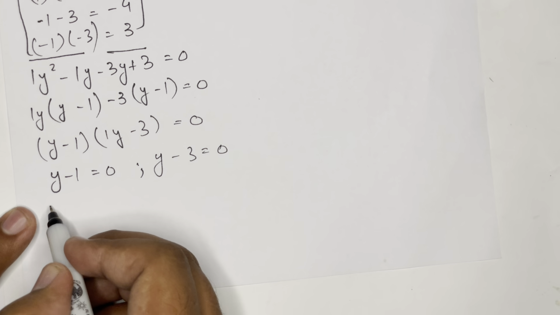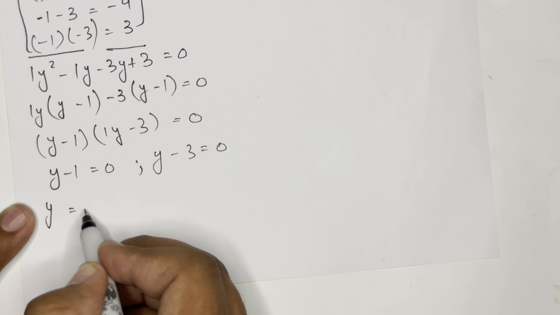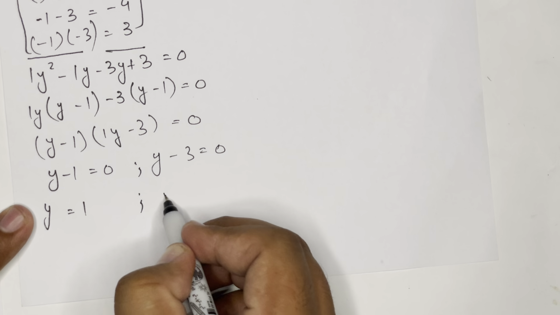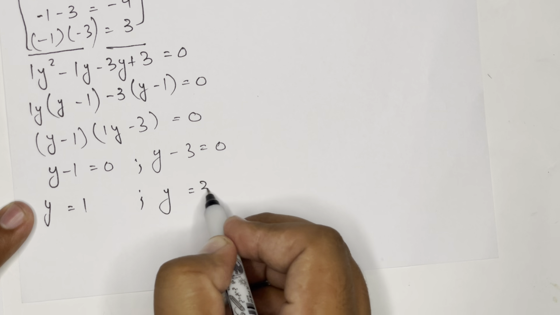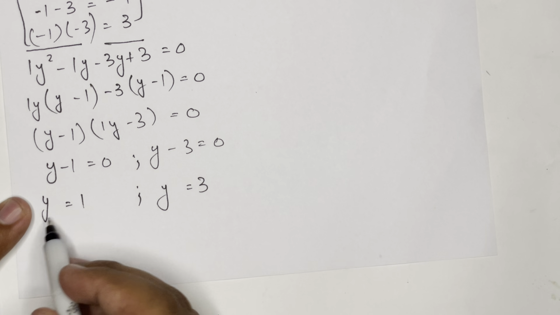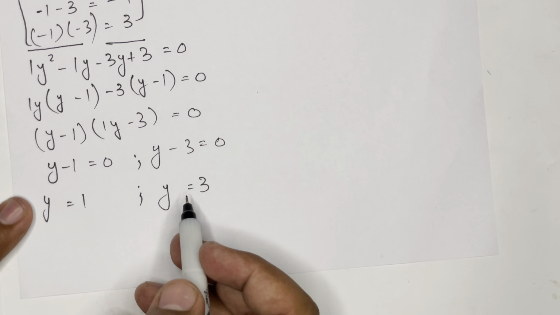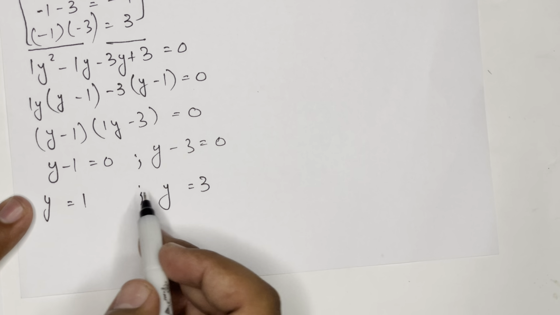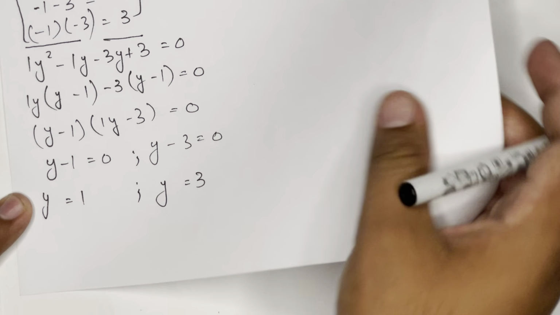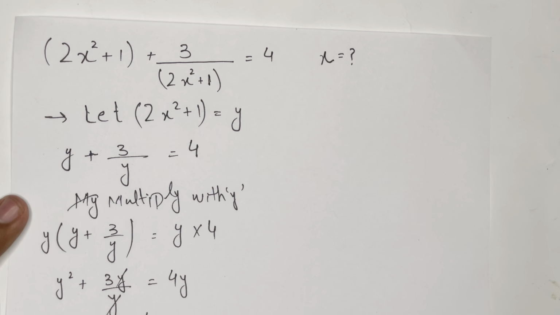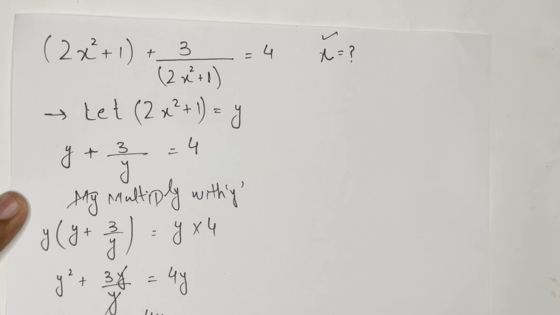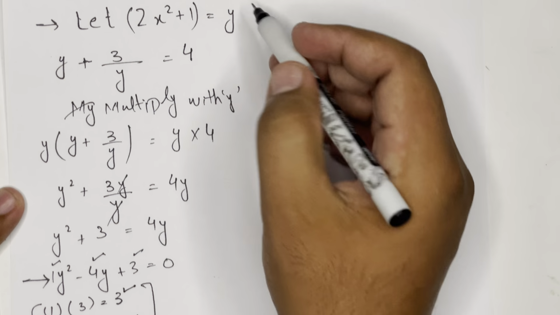So the value of y will be y equal to 1 and y equal to 3. These are the values of y, but I have to find the value of x, not y.